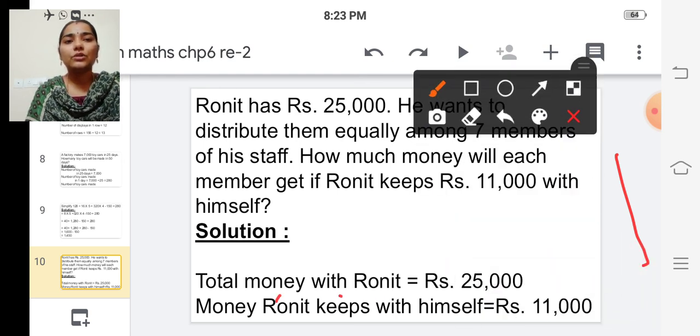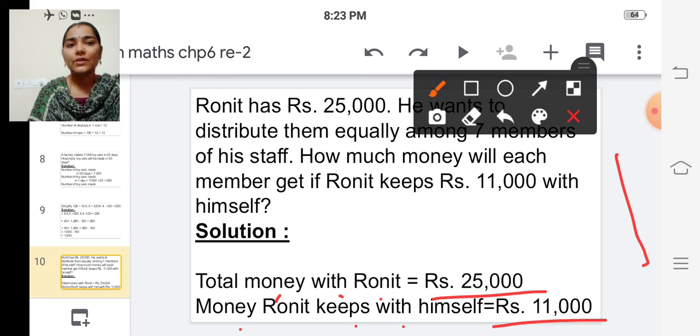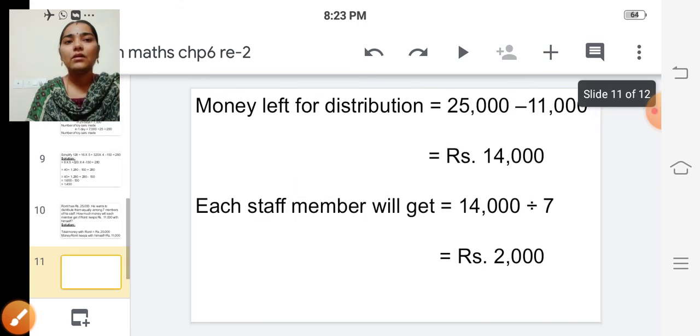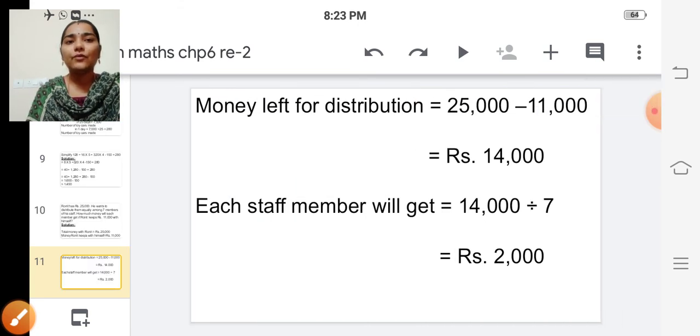Total money with Ronit is rupees 25,000 and money Ronit keeps with himself is rupees 11,000. So he did not want to distribute this 11,000, isn't it? So we have to subtract 25,000 minus 11,000. So money left for distribution is 25,000 minus 11,000.